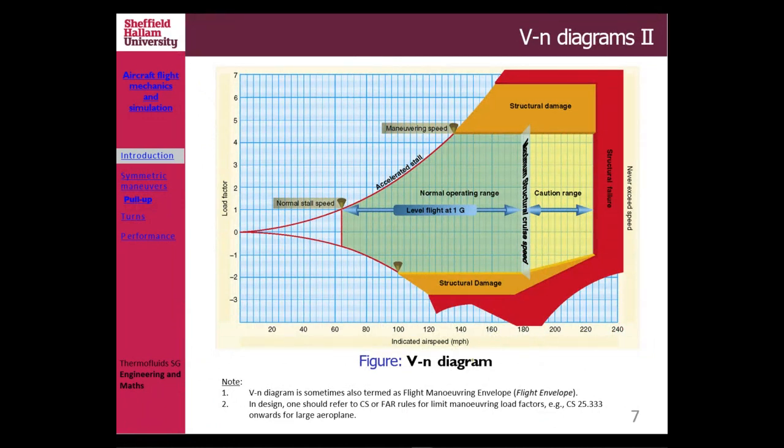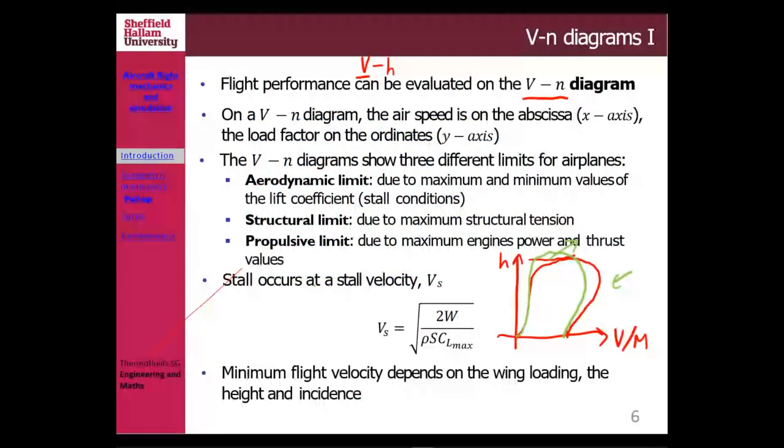If you want to apply it for any atmospheric density, usually people draw this using equivalent airspeed rather than indicated airspeed. So the x-axis is your airspeed, V, and the y-axis is your N. I think we established that.